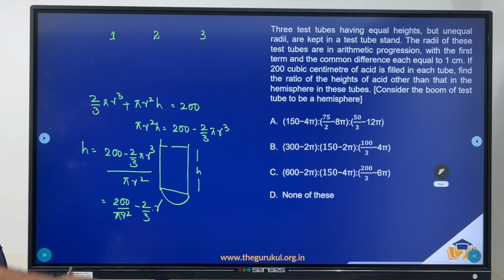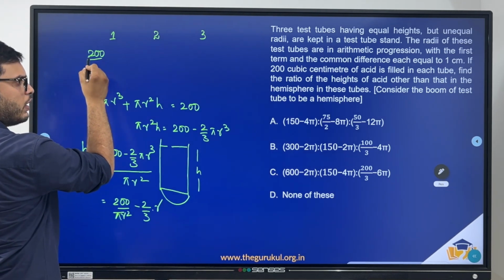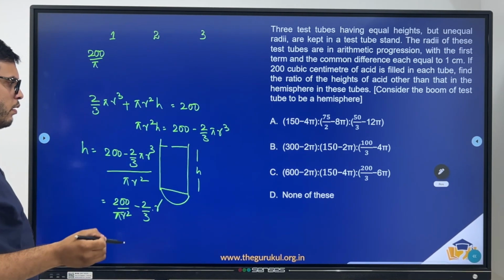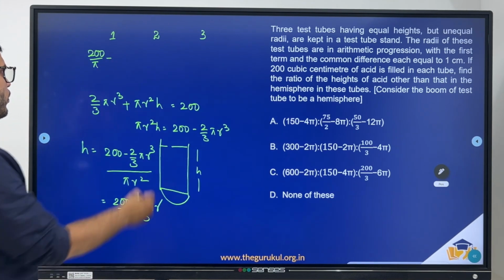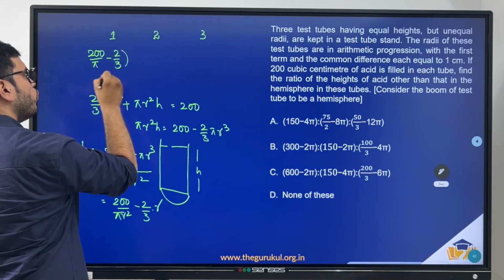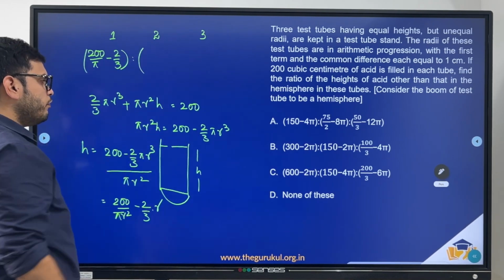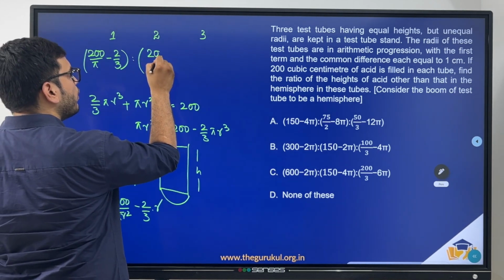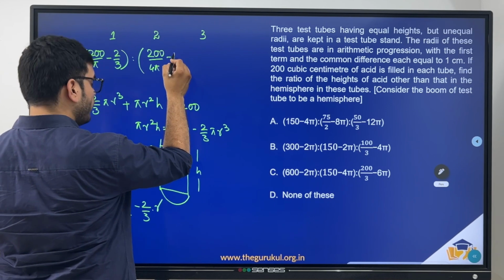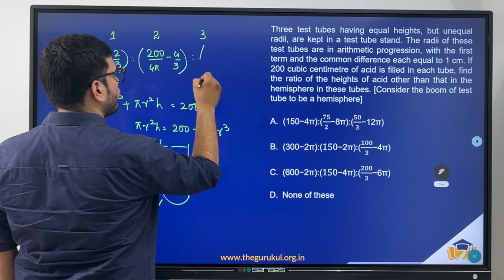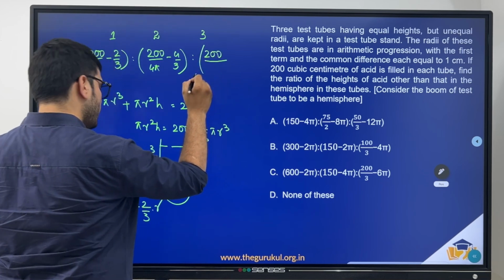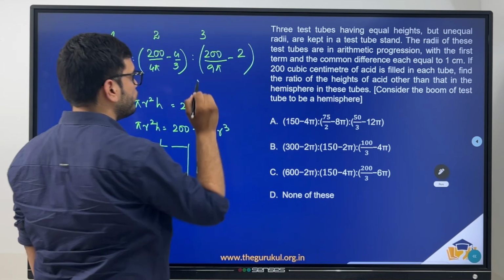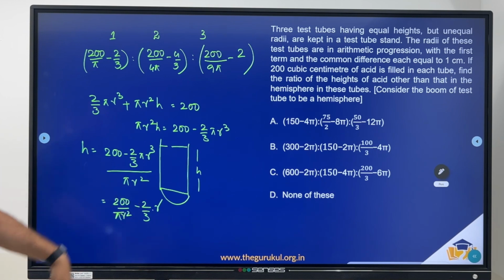For the first test tube, this would be 200 by pi minus, where the value of r is 1, 2 by 3. For the second test tube, where the radius is 2 units, this would be 200 by 4 pi minus 4 by 3. And for the third, 200 by 9 pi minus 2, because r is equal to 3, these two will get cancelled.